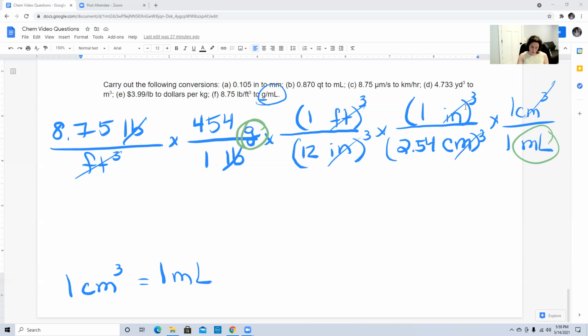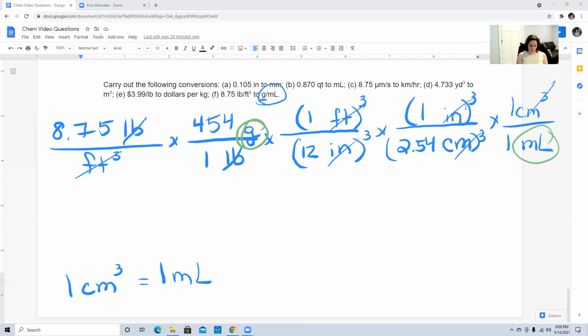So now we need to do the calculator. And this is where we are going to be extra careful. So numerators first, 8.75 times 454 times 1 cubed, which is 1, times 1 cubed, which is 1, times 1. So we only have to do the 8.75 times 454.